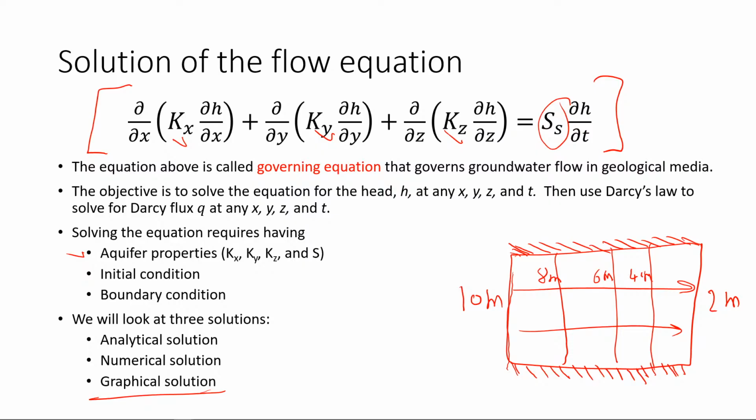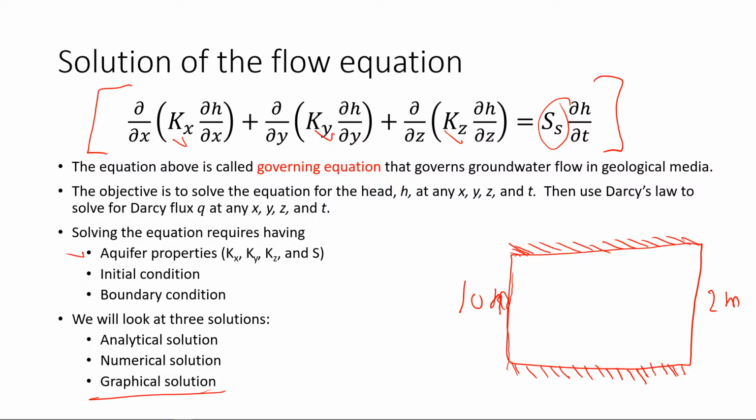What is a numerical solution? Or rather, what is an analytical solution? An analytical solution is an exact solution. Let's say again this is 10 meters. The analytical solution will give you the head at any point in space and at any point in time.